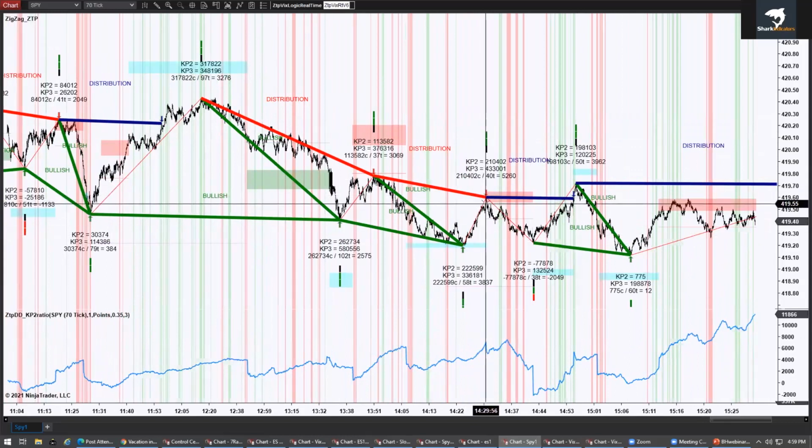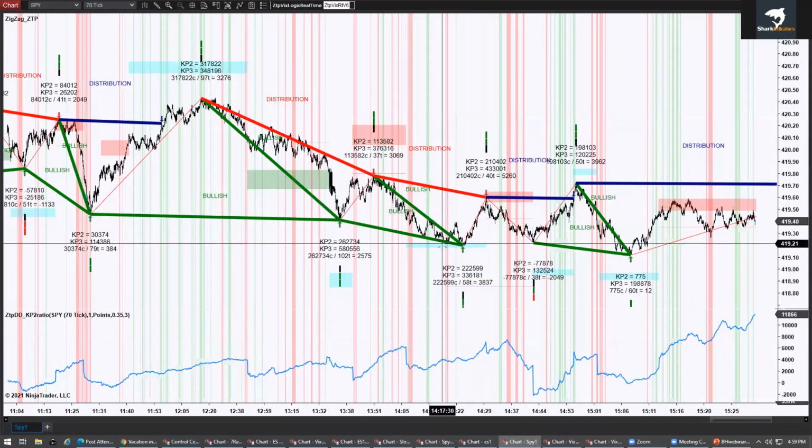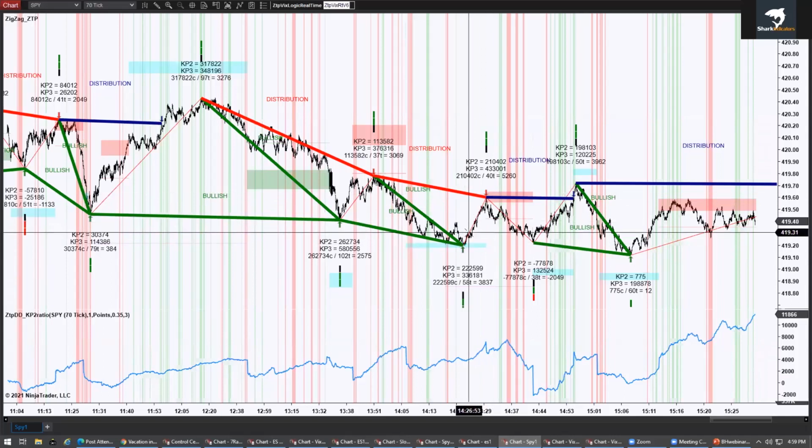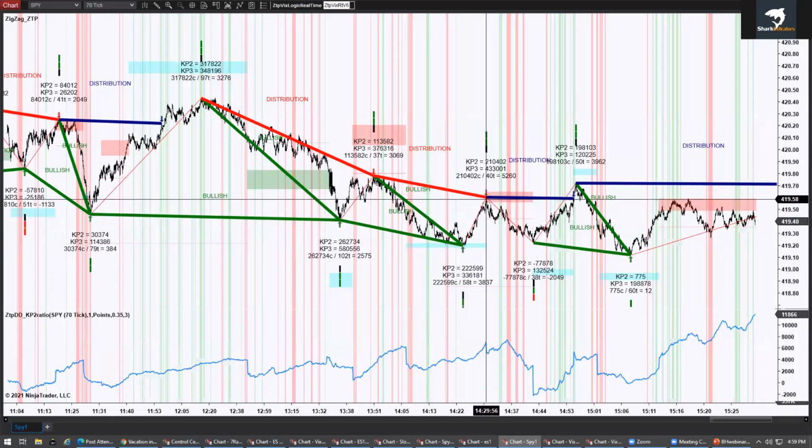Now, again, the way this indicator works is everything is working off of a zigzag. And when the zigzag turns, that's when the indicator begins to look to see if there is divergence.